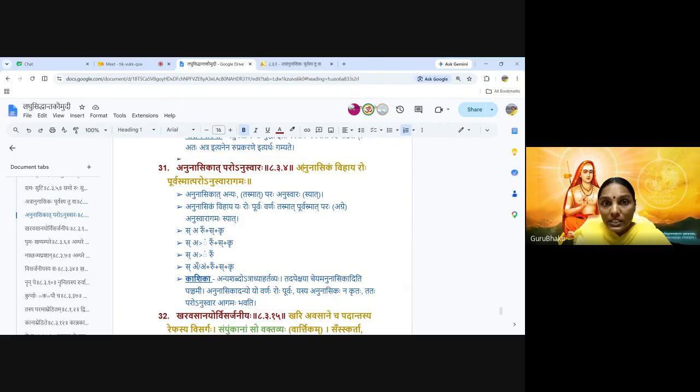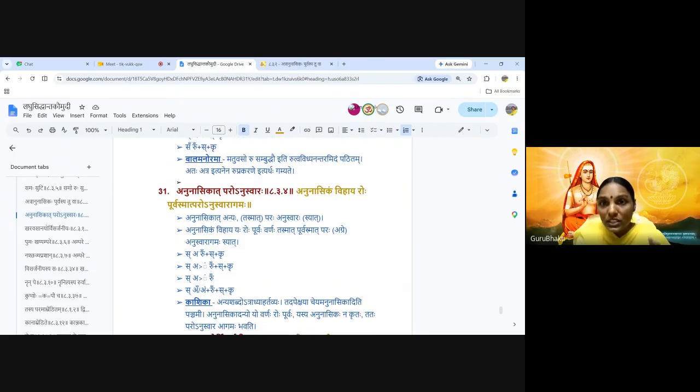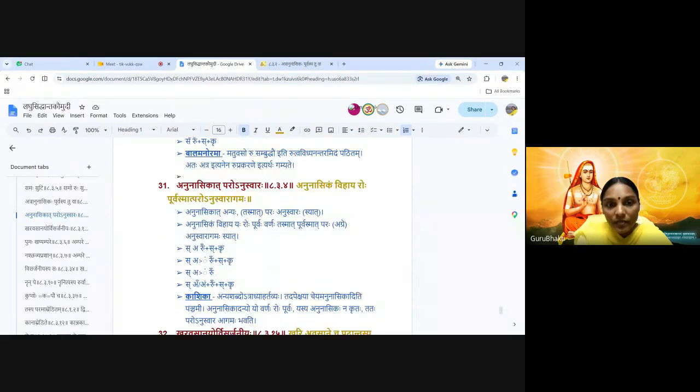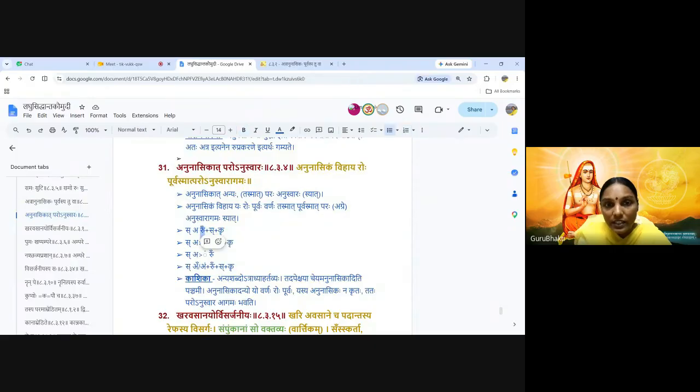Here anunasikam vihaya means, in the previous sutra we have taken anunasika. So leaving that, roho purvasmat paraha anuswara agamaha. Before refa, purvasmat paraha, means before refa what is there? Before the rakara what is there?